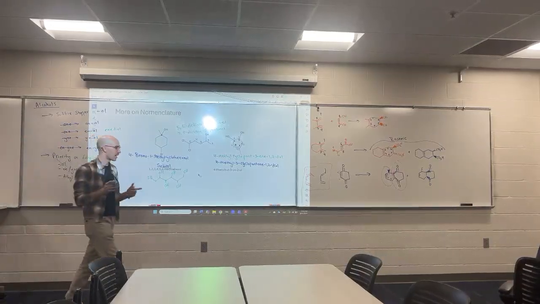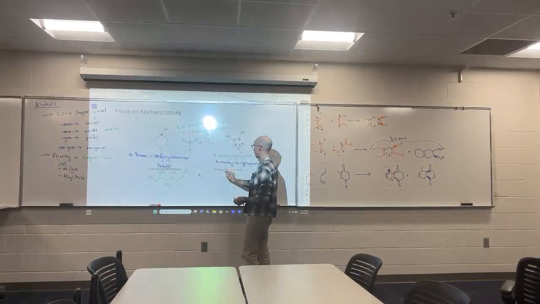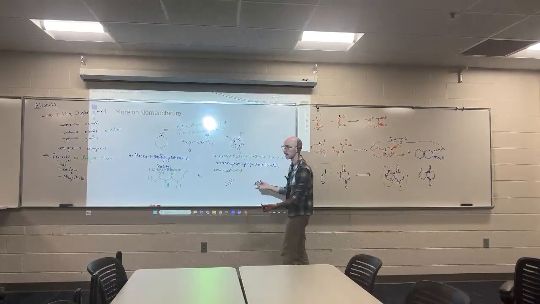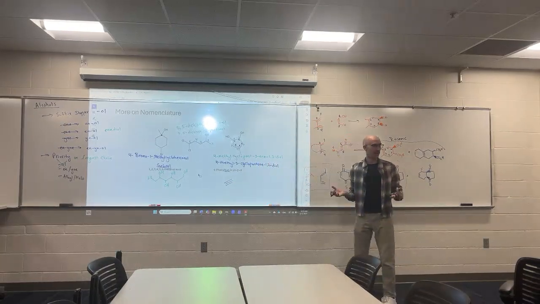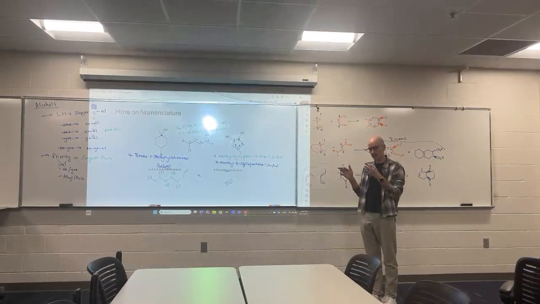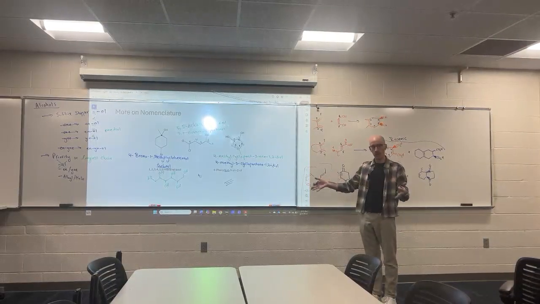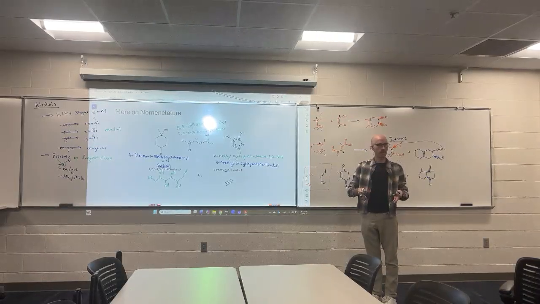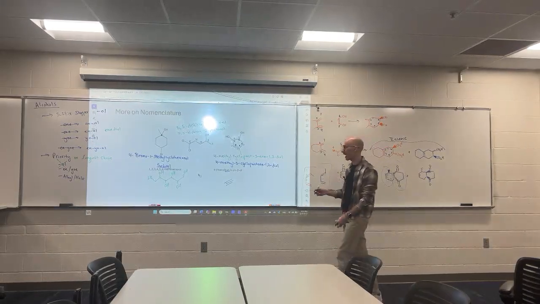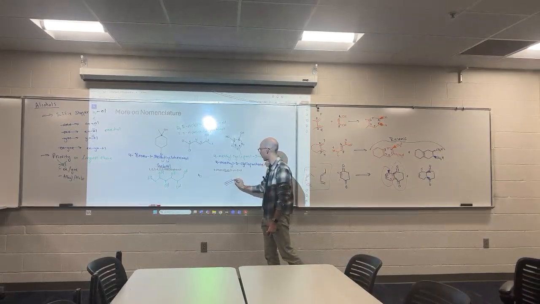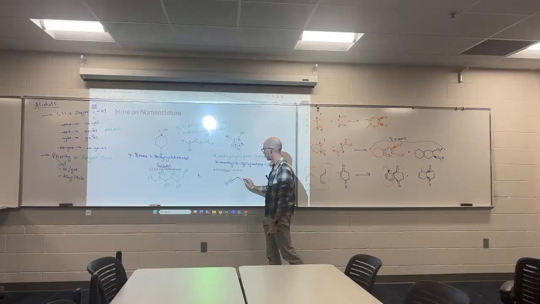So I know my parent chain is 4 carbons long, but, and I know I've got this alkyne at position 3. Doesn't really matter which way I number position 3. But if the alkyne is at position 3 on a 4-membered chain, then the alkyne spans 3 and 4. So the alkyne is the end of my chain. So I'll have a bond that goes from position 3 to 2 to 1.